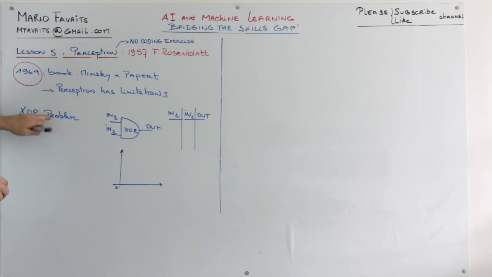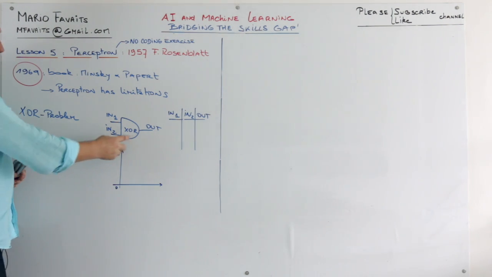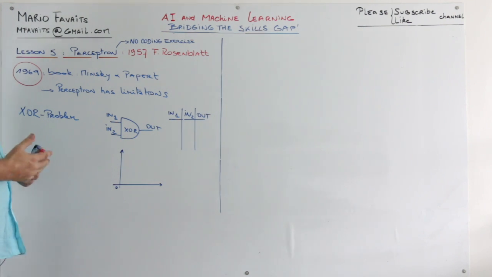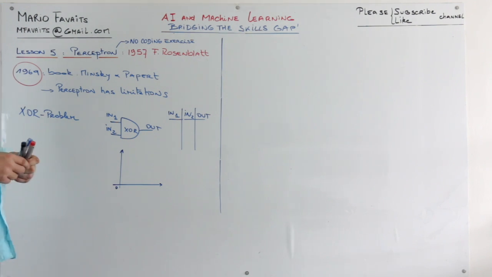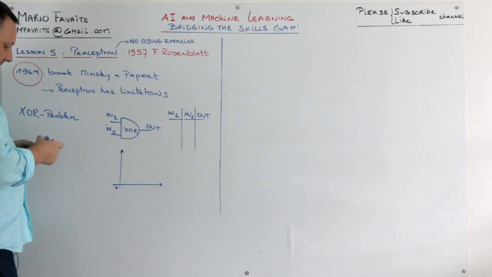One of the best known issues with the perceptron is the XOR problem. The XOR is a logical gate, called an exclusive OR gate. The exclusive OR gate outputs 1 only when the two inputs are different. So this is a binary case.